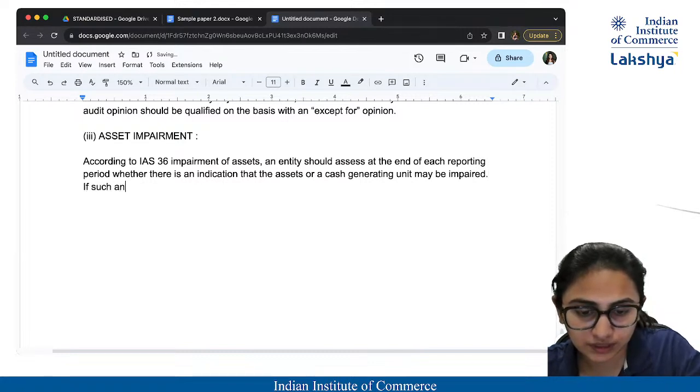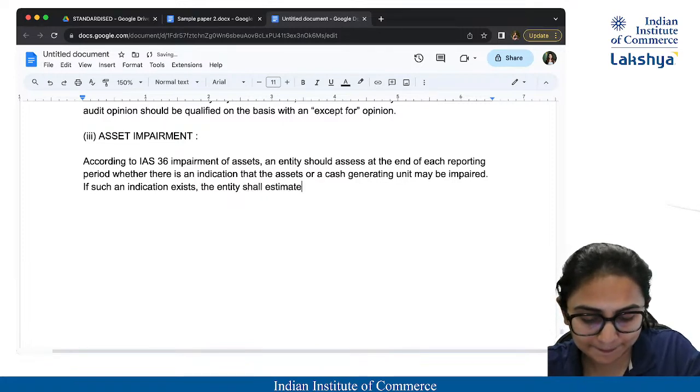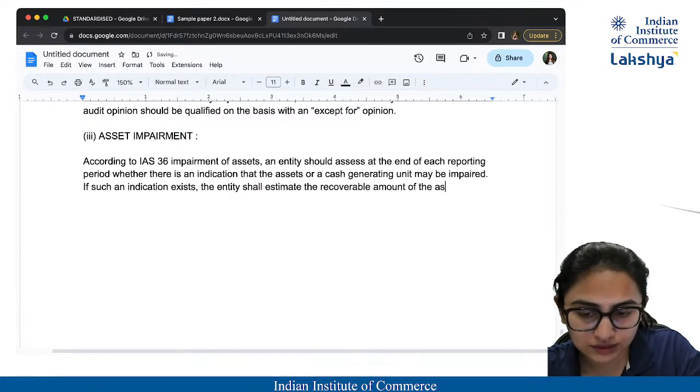If such an indication exists, the entity shall estimate the recoverable amount of the asset.